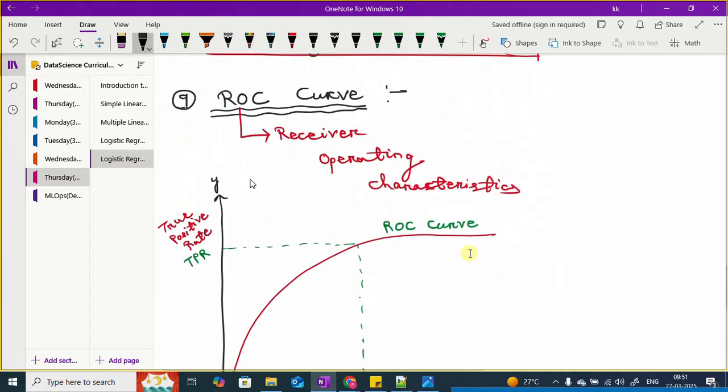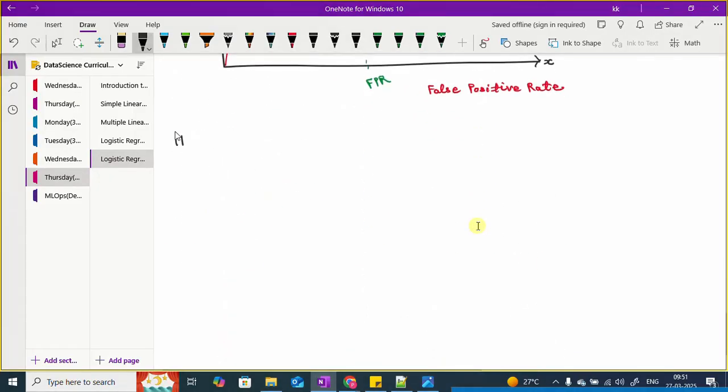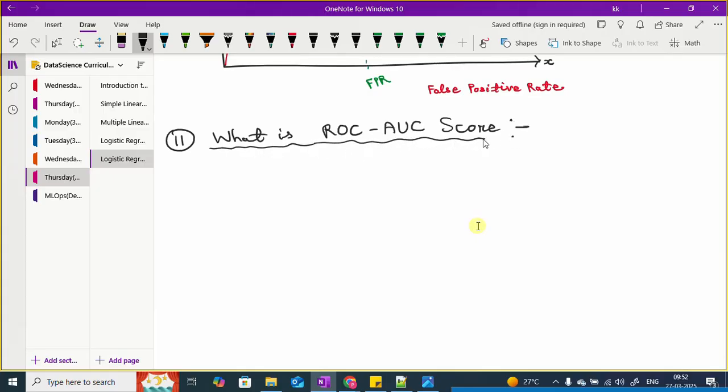This is 9 and 10, we have completed, right? What is the ROC score?